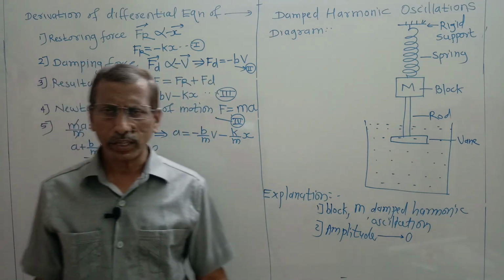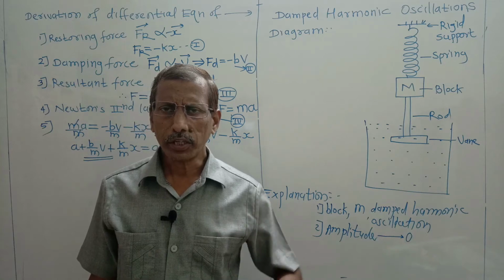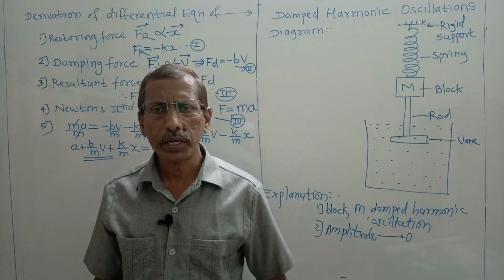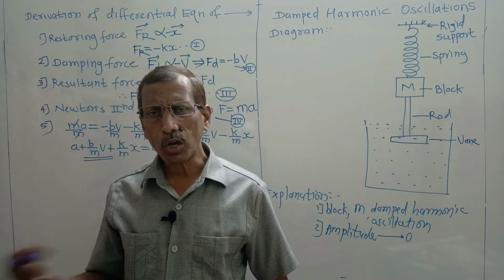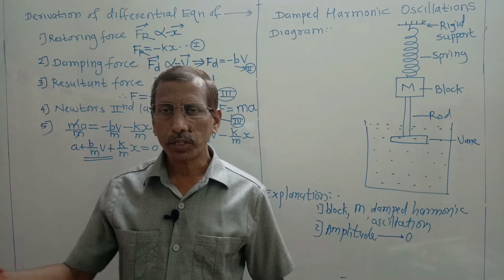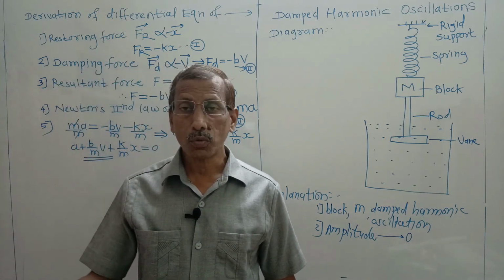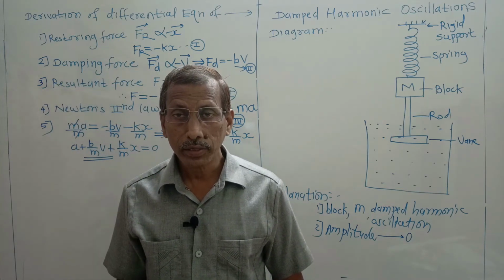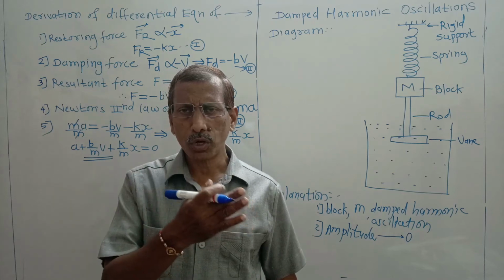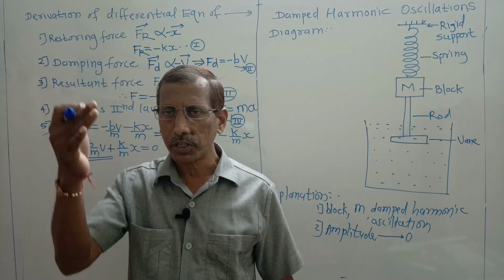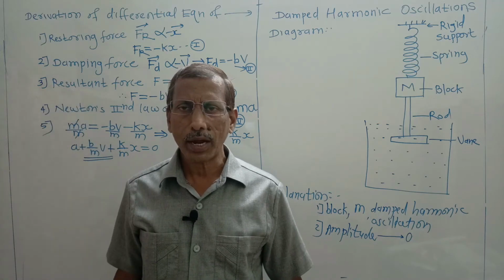We know that acceleration is the rate of change of velocity, a is equal to dv by dt, and velocity is the rate of change of displacement with respect to time, so v is equal to dx by dt. So a is equal to dv by dt, which is d by dt of dx by dt.